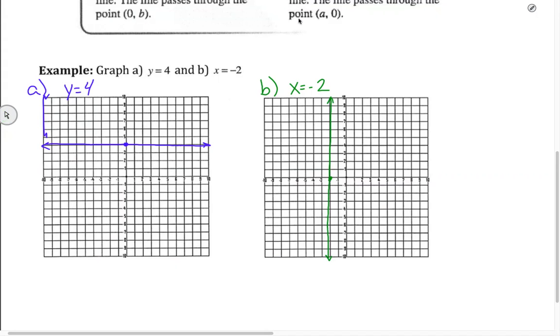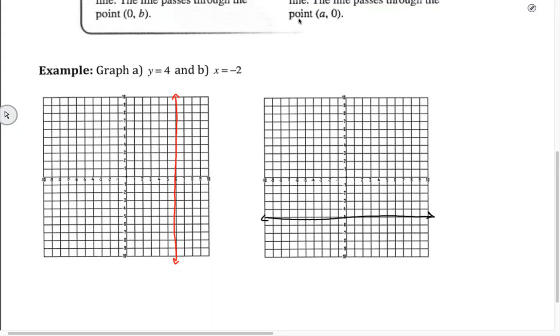Pretty simple, right? Now, if we were to go backwards, Annie, this is not in our notes. If I were to give you this graph and ask you to go backwards, I would simply first identify it, vertical or horizontal. What do you think?